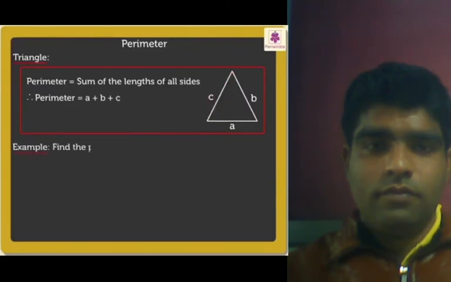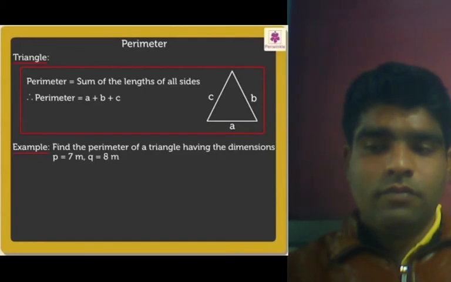Let's find the perimeter of a triangle having the dimensions P equal to 7 meters, Q equal to 8 meters and R equal to 10 meters.